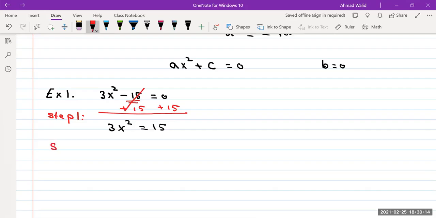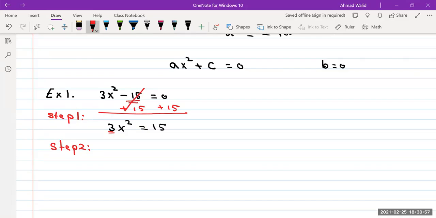Step 2. If the coefficient of x squared is not 1, you see a number here, you have to divide both sides by that number. If it's 1, you don't have a step 2. If it is not 1, you see a number there, you have to first divide. Remember these steps, please, because on a test day, I see students are immediately taking the square root from both sides after step 1, and their answer goes wrong.